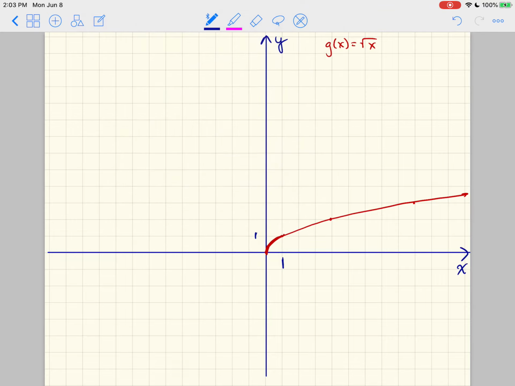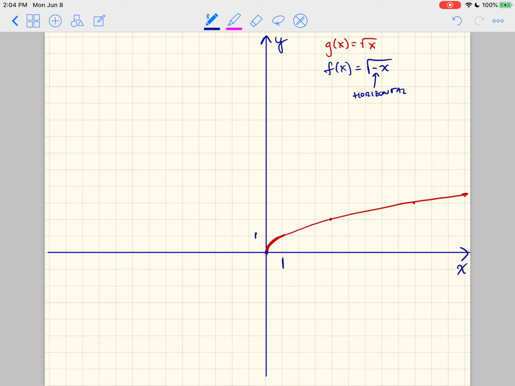Now we are graphing f of x, which is negative the square root of negative x. And so because this is inside, it's going to affect horizontal changes. So vertically, in this graph, I'm still going to do what I did vertically for the red graph. I'm going to go up 1, up 1, up 1, up 1. But horizontally, I'm going to do the opposite of what I did in the red graph.